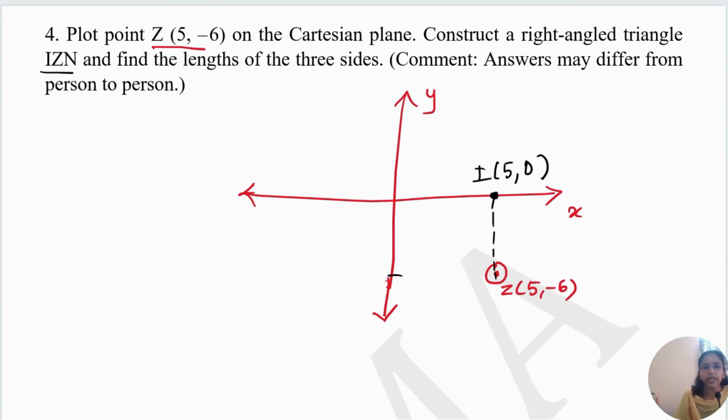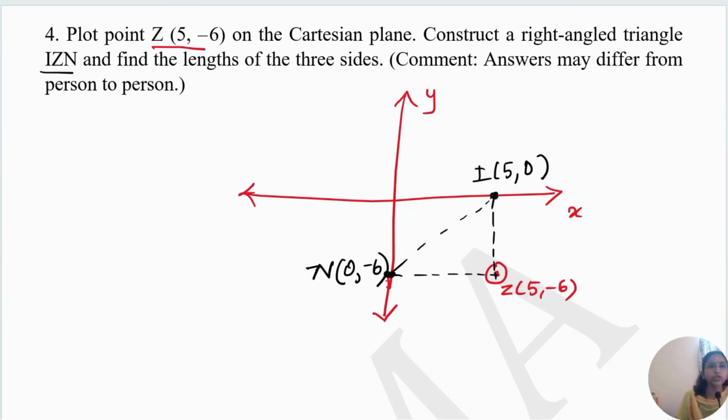Similarly, connect this point straight to the y-axis, and this point is N. It lies on the y-axis, so it is (0, -6). So you have the triangle like this now. This is our right angle triangle IZN.